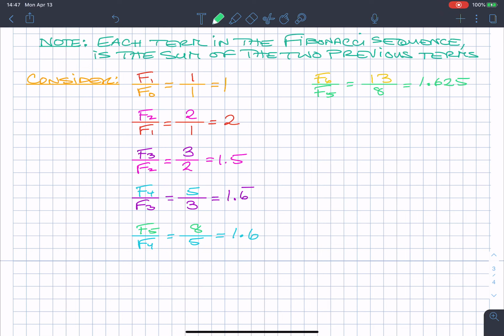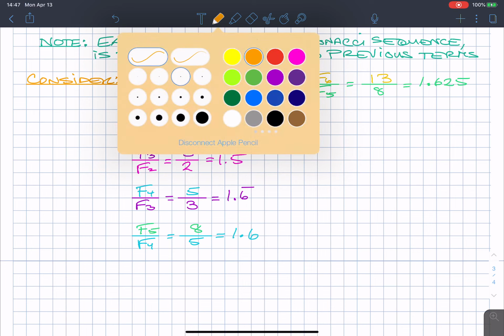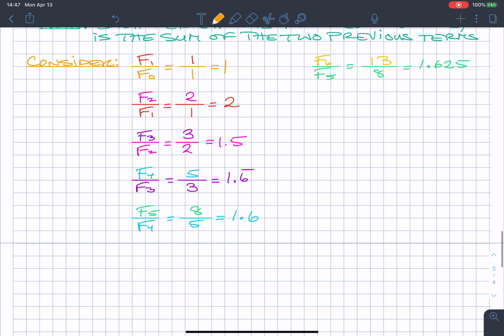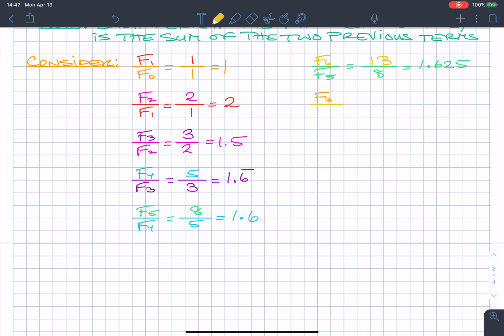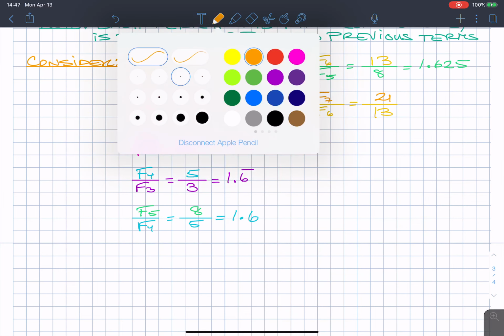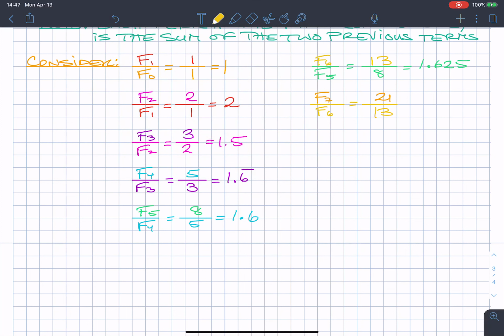Okay, so now let's do f sub 7, which was in orange. So f sub 7 divided by f sub 6. This is going to be 13 in the bottom, 21 on top. So 21 over 13 is 1.615.